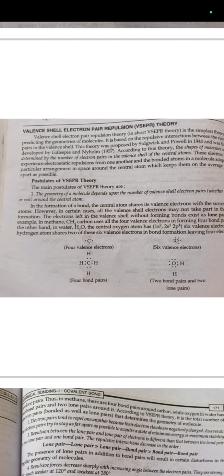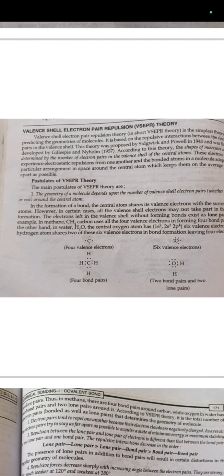The electrons left in the valence shell without forming bonds exist as lone pairs. For example, in methane, carbon uses all 4 valence electrons in forming 4 bond pairs. On the other hand, in water, the central oxygen atom has 6 valence electrons. The hydrogen atoms share 2 of these 6 valence electrons in bond formation, leaving 4 electrons as 2 lone pairs.